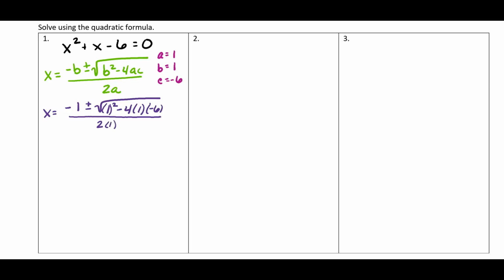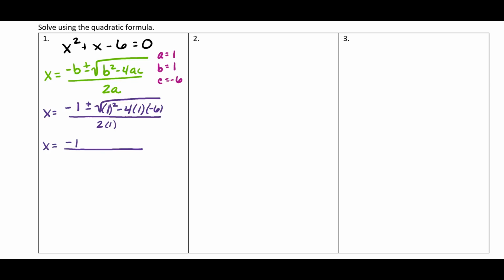So now the next step is to start cleaning things up. I always start with the discriminant. Now it is possible to type this entire expression into your calculator. However, if you do not have a good calculator, you're going to have to do it by hand. And it's really a good idea to go ahead and get the discriminant simplified down, because if the answer is not exact, you would not know that unless you're doing this by hand.